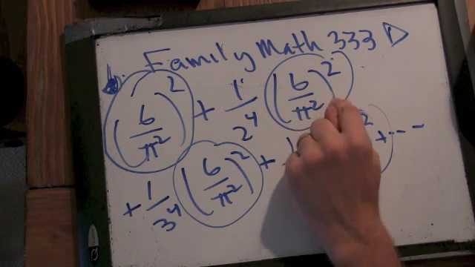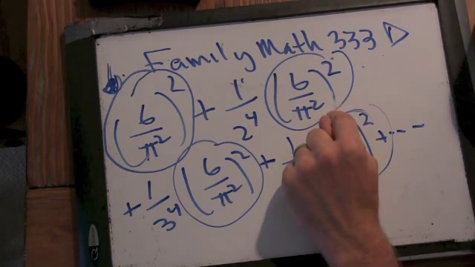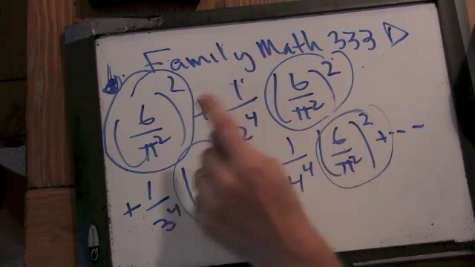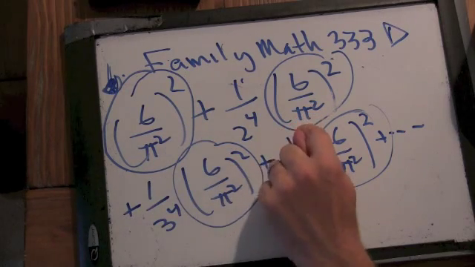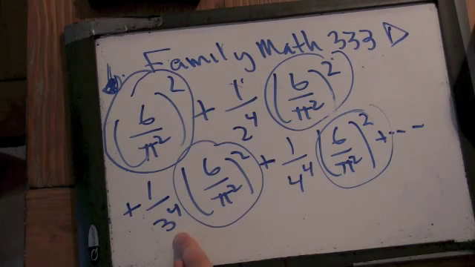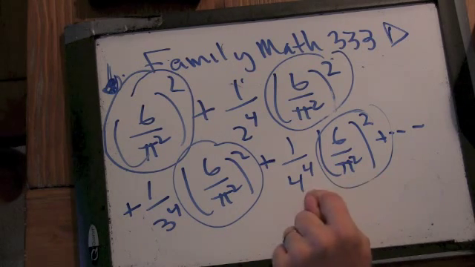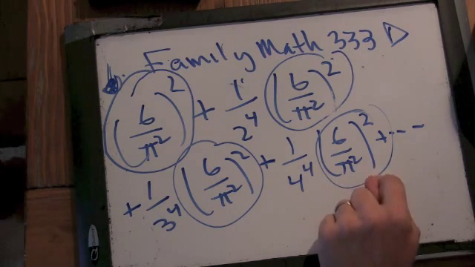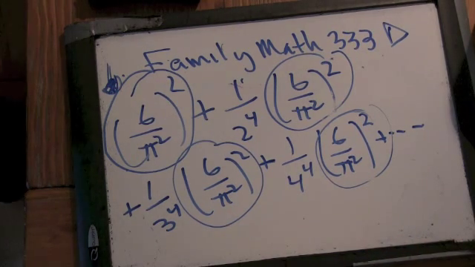So first I have 1, then I have 1/16, then I have 1 over 3 to the 4th, which is 1 over 81, then 1 over 4 to the 4th, which I think is 256. So that's how many I have on each one.